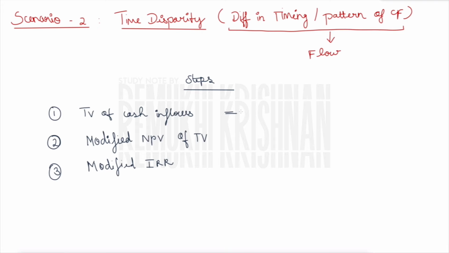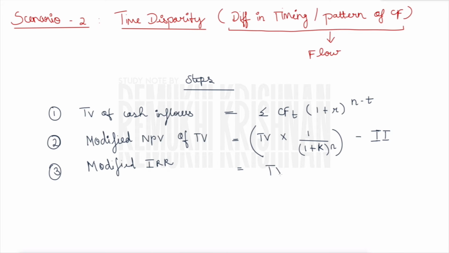So your terminal value of cash inflows is nothing but the summation of cash flow into (1 plus r) power (n minus t), and your modified NPV of terminal value is nothing but terminal value into 1 divided by (1 plus k) power n, minus initial investment, and your modified IRR is nothing but (terminal value divided by initial investment) power 1 by n, minus 1.